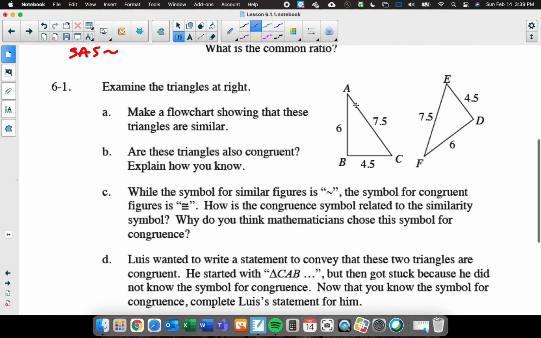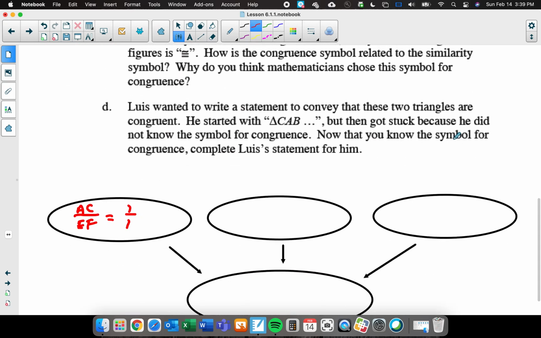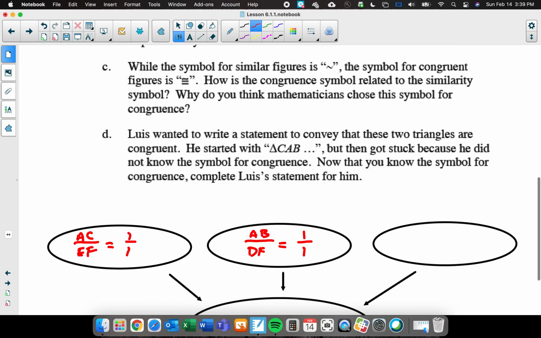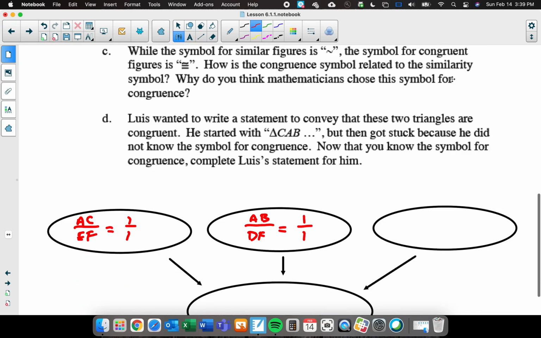Second thing that I know, ratio of AB to DF. I know that is also a 1-to-1 ratio. So the ratio of AB to DF, that is, again, a 1-to-1 ratio. And finally, the 4.5s that we have here, the ratio of BC to DE.